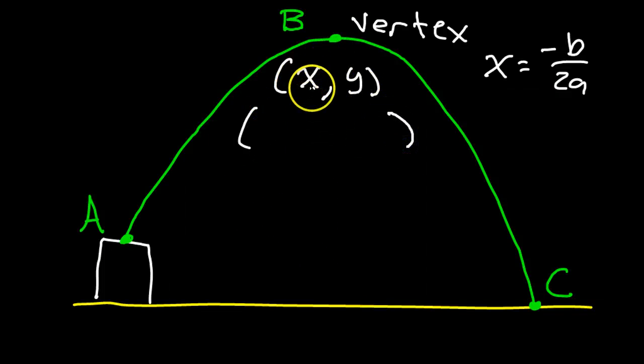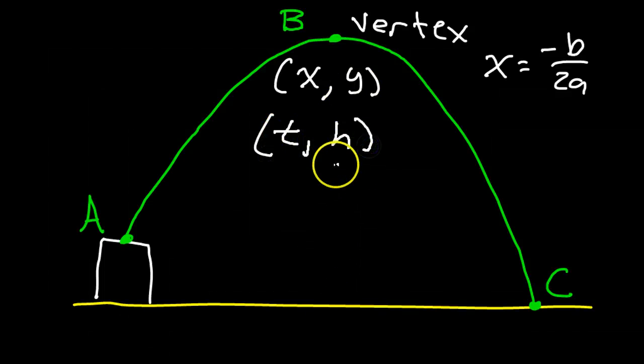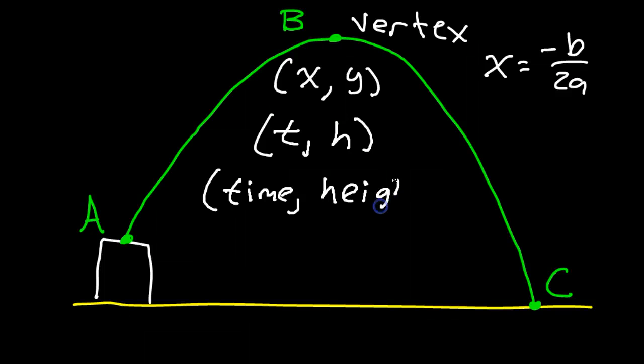Instead of x, we have t, and instead of y, we have h. And understand that this means time and height. So when you find the vertex, the first number is going to be the time and the second number will be the height. Otherwise you won't know what you have.